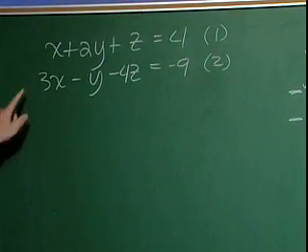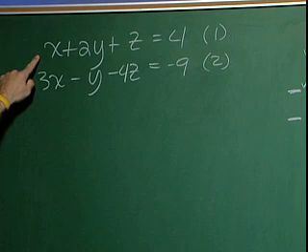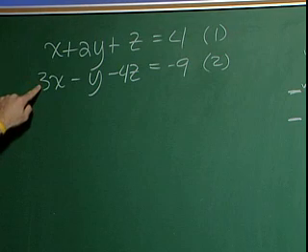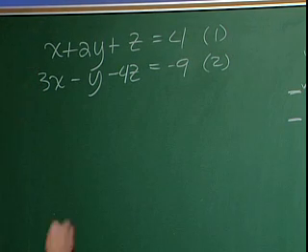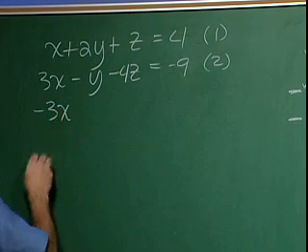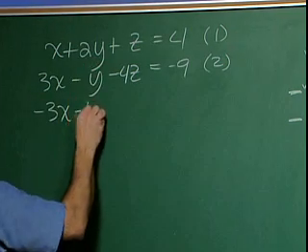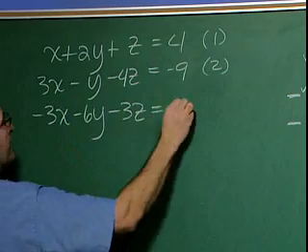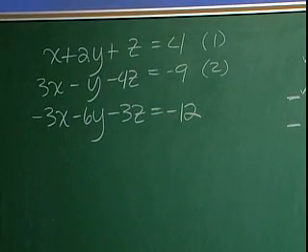Let's multiply equation number 1 by -3, and then we'll add it to equation 2. So I'm going to multiply this by -3 and put it right below. So -3x minus 6y minus 3z equals -12.